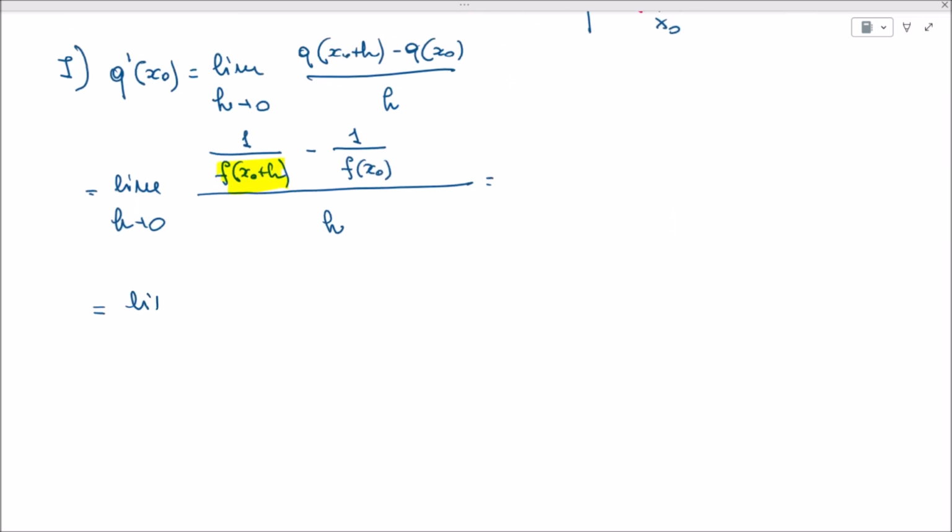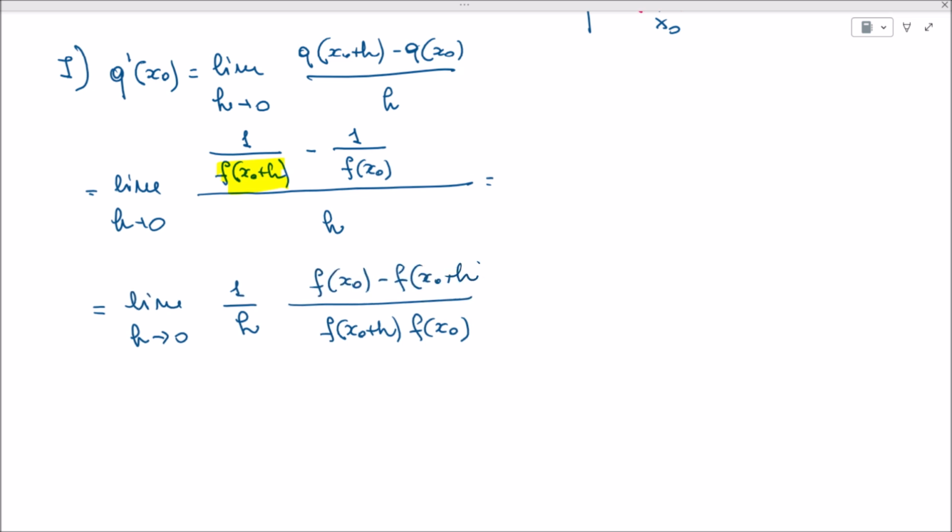Limit as h goes to 0 of 1 over h. If we resolve the numerator, we can write this as f of x naught plus h times f of x naught, and then we have f of x naught minus f of x naught plus h. Okay, this is just a little bit of algebraic manipulation.